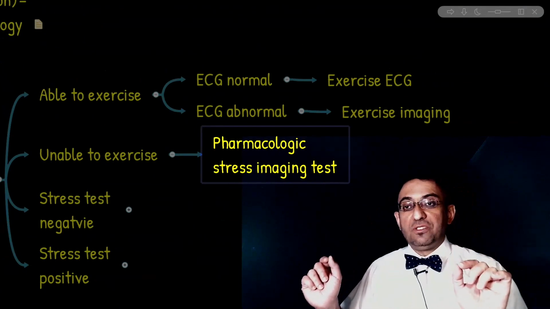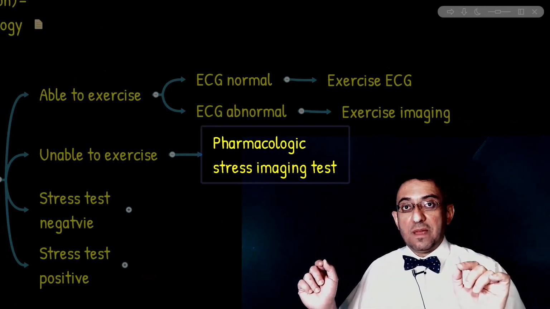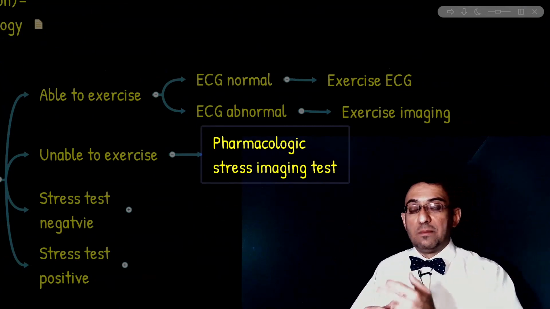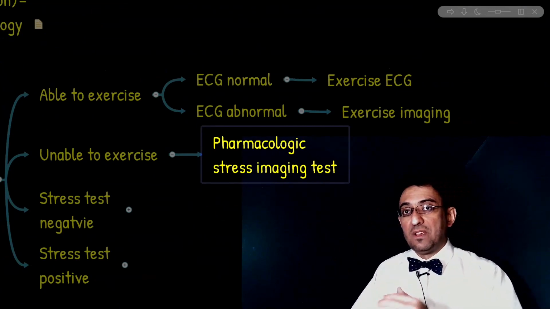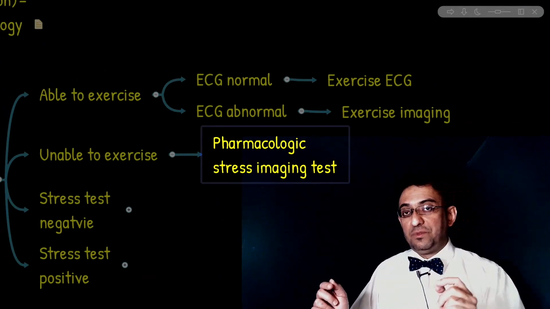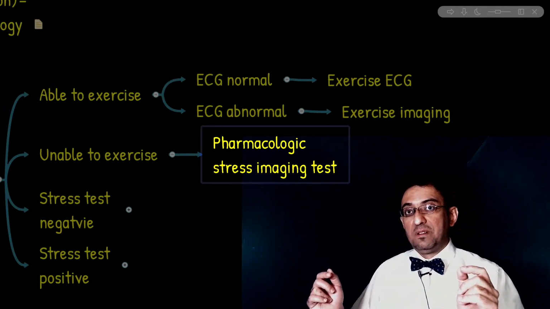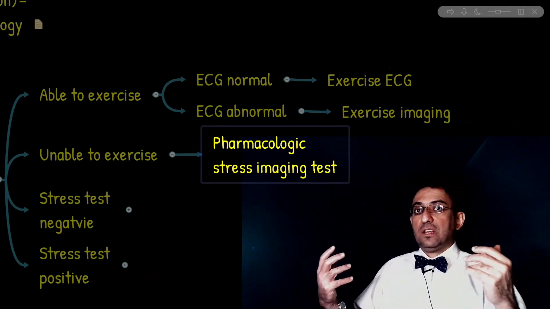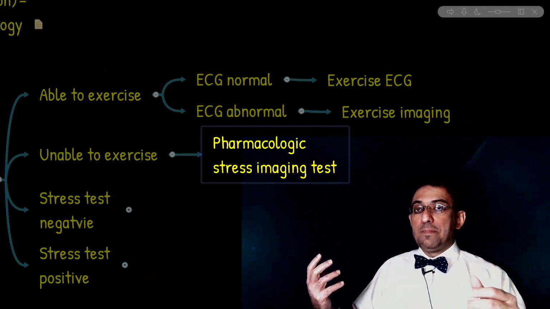Once more, what patients cannot benefit from exercise as a stress? As I mentioned, the patients who are not able to reach the target heart rate, but you may also hear it in different terms, and that's the patients who are not able to reach the activity level that's defined as equivalent to 5 METs.